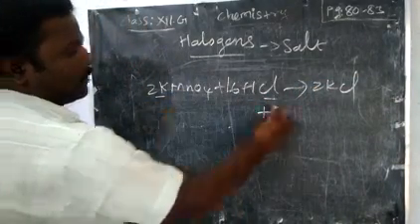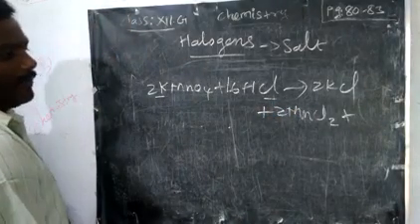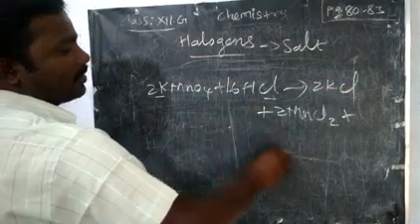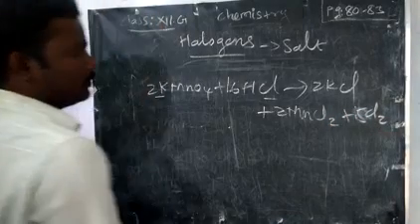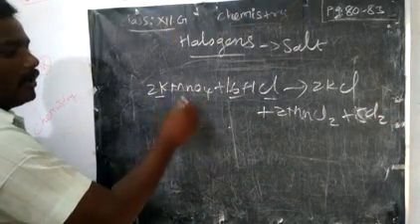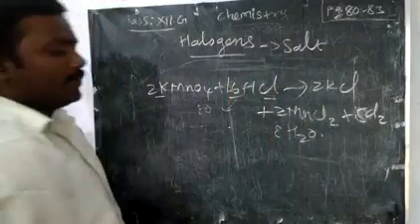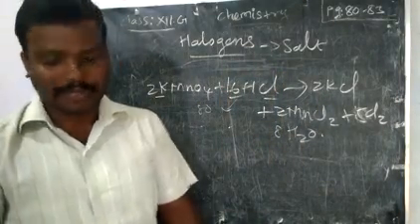Then 2MnCl2 will go out. How many chlorines are left? 2 plus 4, 6 are gone. So remaining 10, so 5 Cl2 we can remove. 16 hydrogen, 8 oxygen, so 8 H2O. Always compare hydrogen and oxygen to remove water.